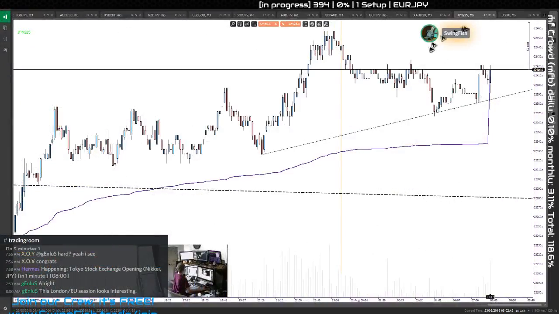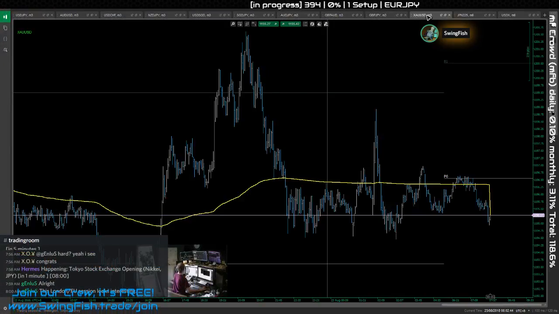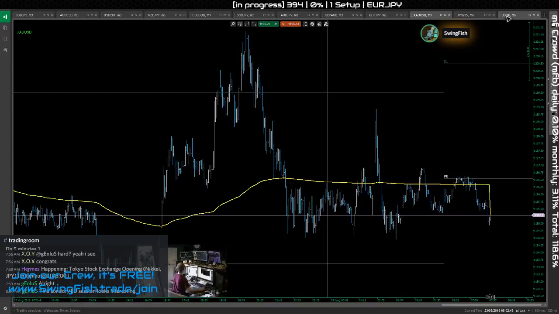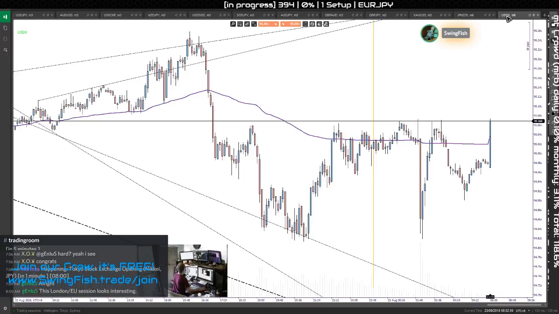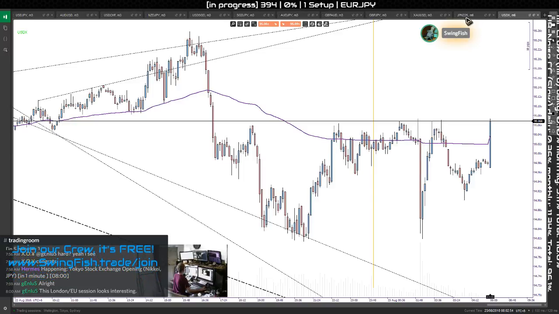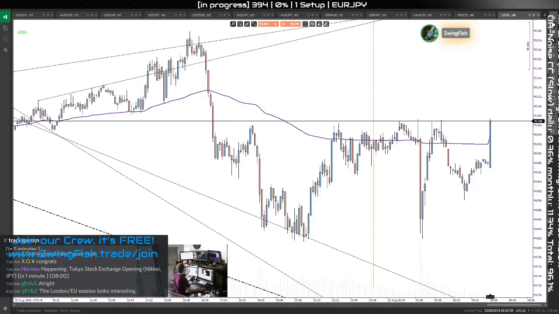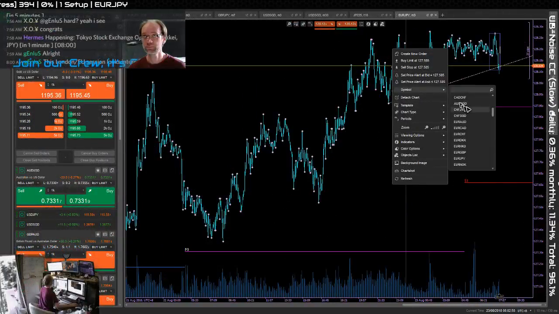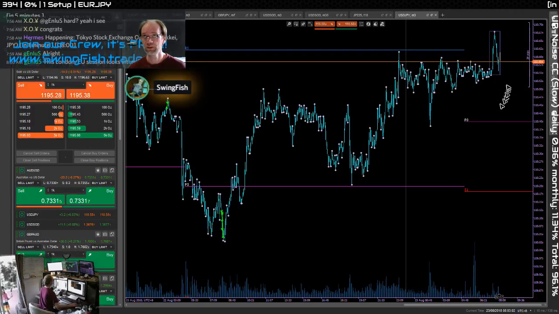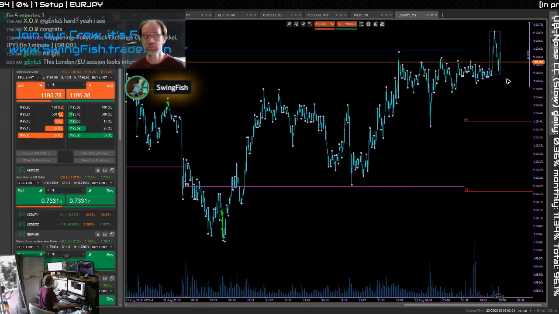Oh, the Nika is moving good. What is gold doing? Ah, that's why. The US dollar is not on our side. We should have used US dollar yen instead. Now US dollar yen went down too. That's strange.